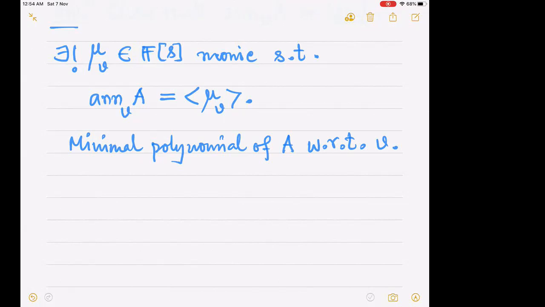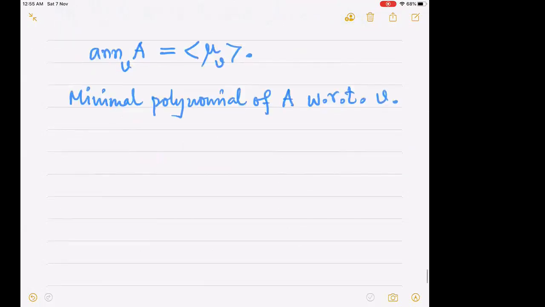Once again, the question might arise: how do I know that this annihilating ideal with respect to a vector v is a non-trivial ideal? Well, once again, you can look at v, Av, A squared v, up to A to the n v, right? How many vectors do I have? n plus 1.